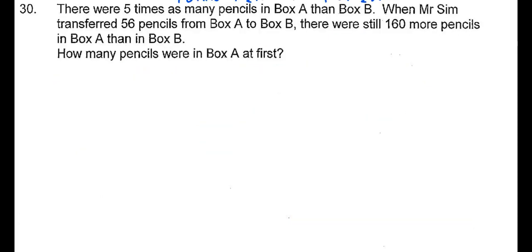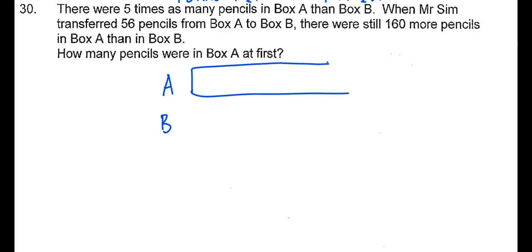Question. There are 5 times as many pencils in A than in B. So there were 5 times as many. So I'm going to draw the 5 units, 1, 2, 3, 4, 5, compared to B. Now Mr. Sim is going to transfer 56 out. I'm not too sure how big this 56 is. So I'm just going to randomize and say, oh, this portion here is 56.